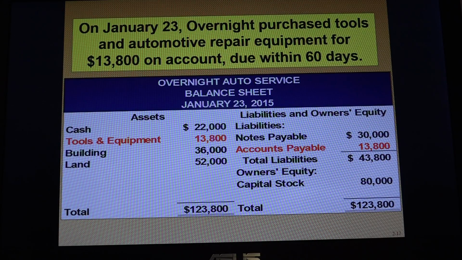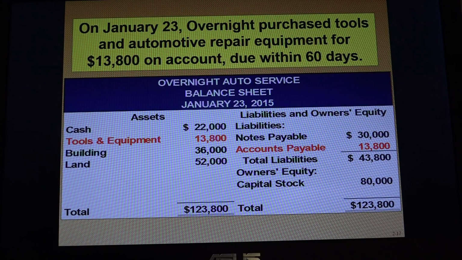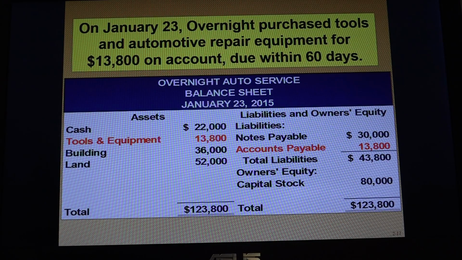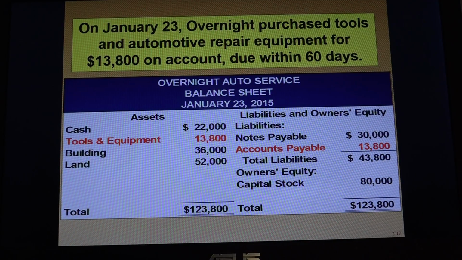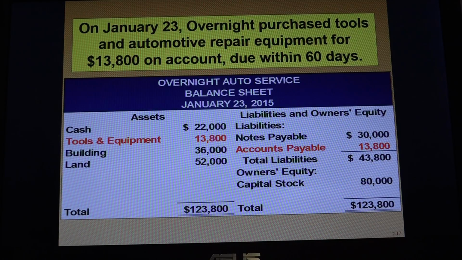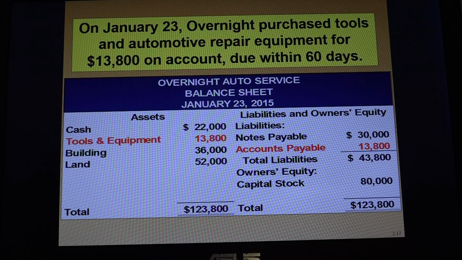They must pay it within 60 days in this case. All right, so they add the tools and equipment, $13,800, to assets. Notice that they put it between cash and building and land. I guess they assume that that's a little more liquid than building and land, which is probably true.